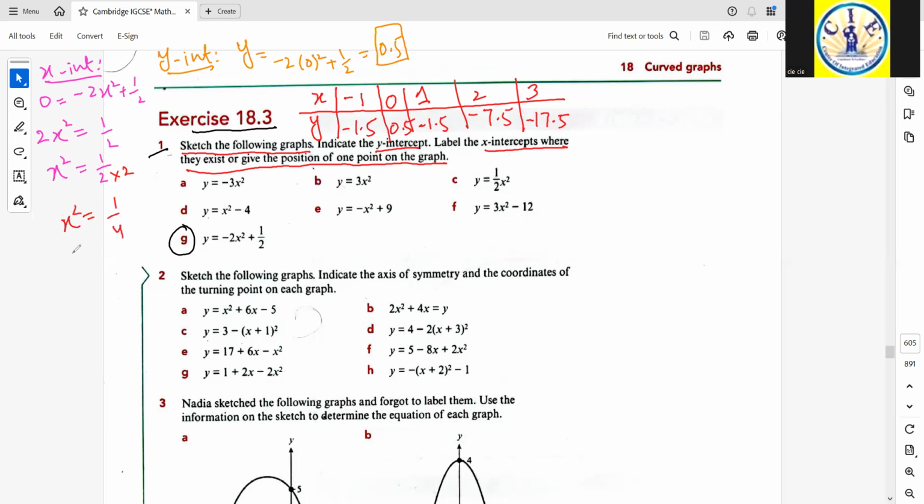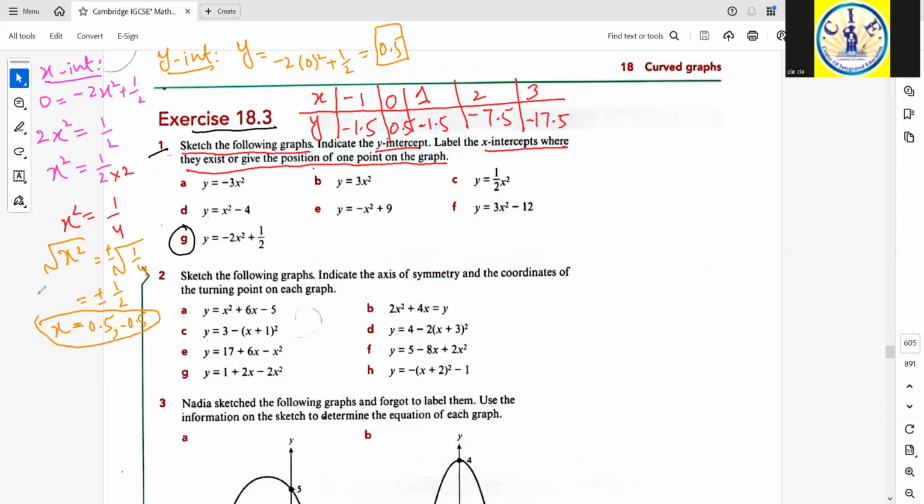Taking the square root on both sides, that will give us x equals the square root of 1 by 4 with a plus minus sign. So that is plus minus 0.5, either a positive 0.5 or a negative 0.5. So these are the x-intercepts.